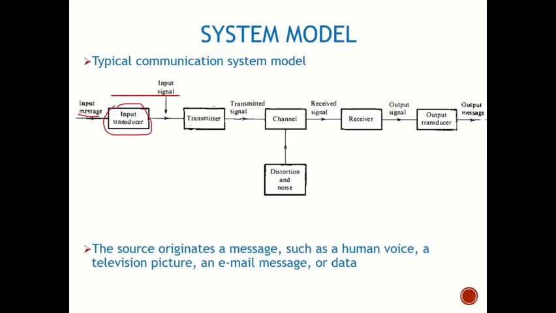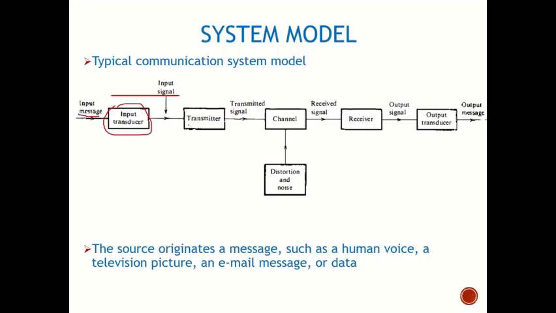We'll discuss what happens inside transmitters in the coming videos. Then the signal is transmitted. Basically, the transmitter is composed of a modulation part, where the input signal is used to modulate a carrier.